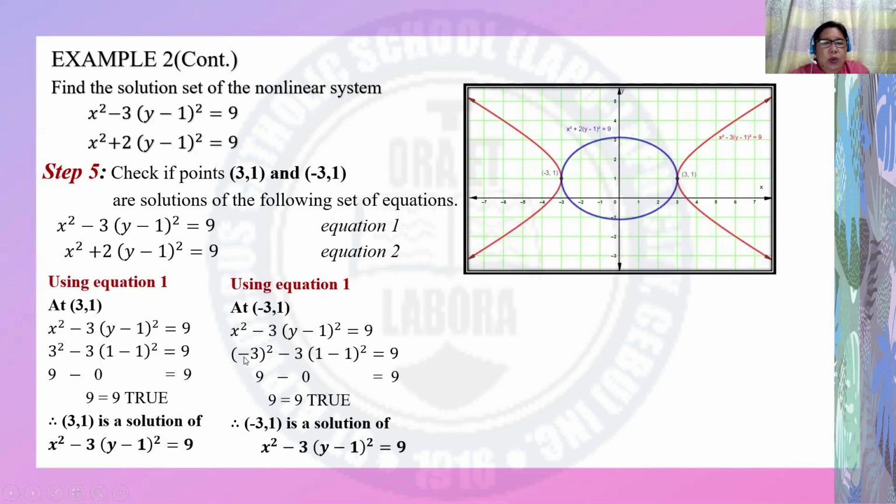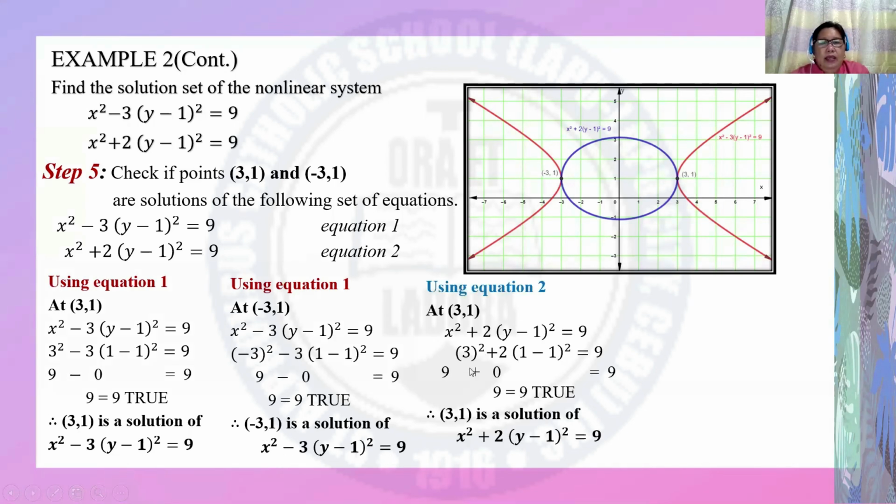So we have the square of negative 3 is 9. 1 minus 1 is 0. Then you square it is 0 times 3 is 0. So 9 minus 0 is 9. Equals to 9. So again, this is a true statement. Therefore, the point with coordinates negative 3 and 1 is a solution of this equation.